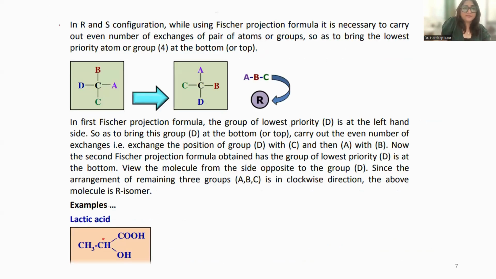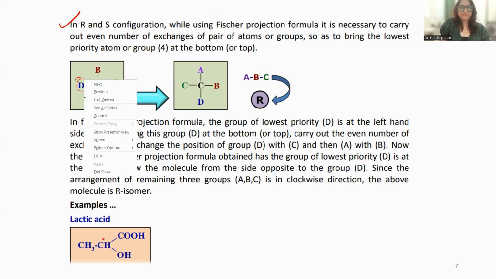So let's take one example. This is a Fischer projection formula, which is very important to learn. I'll let you know here. Here, if you see A, B, C and D, in the Fischer projection, D is on the left hand side.